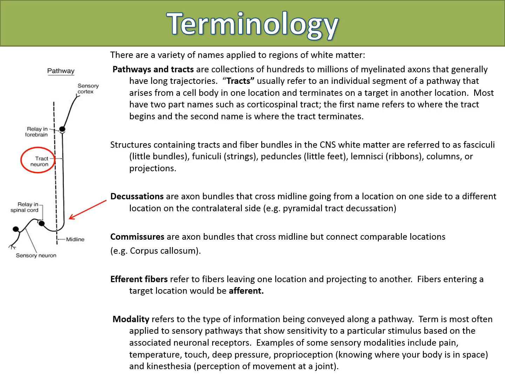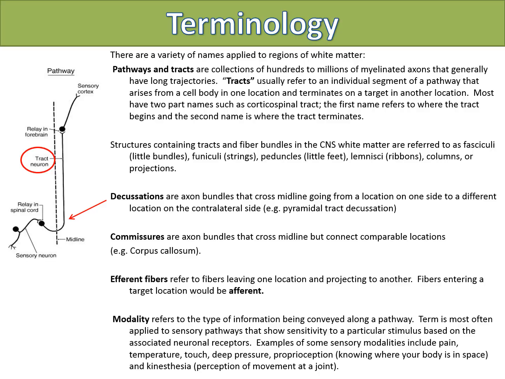There are several different terms that are used to describe collections of axons in white matter. The most prominent include pathways and tracts, collections of very large numbers of axons that generally travel a long distance, arising from a cell body in one location and traveling to another.